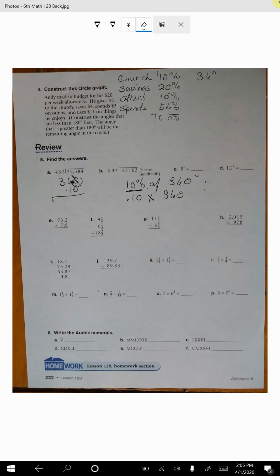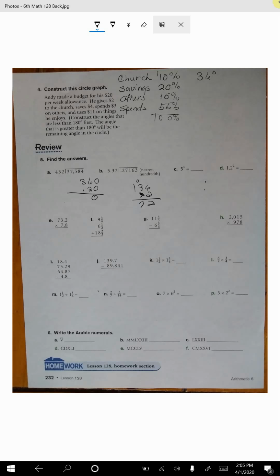Now let's do the savings. I won't write this out for all of them. So the savings will be 360 times 0.20, which will just be double the 36. Do you see that? If 10% is 36 degrees, 20% would just be 36 twice, which is 72. Or you could multiply this.